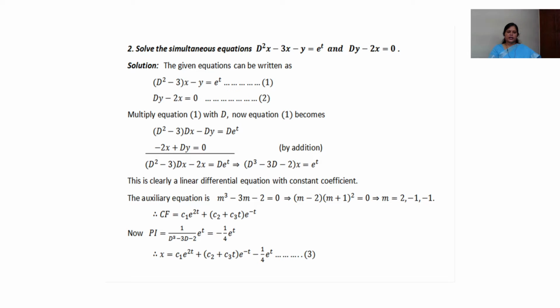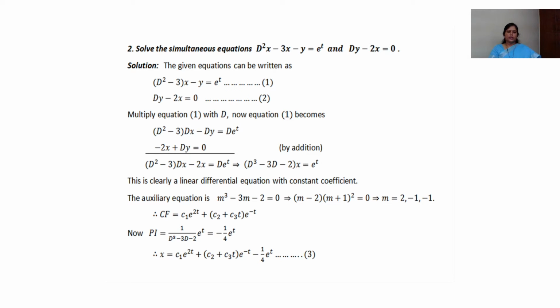As usual, we are combining the x terms together, so we are getting (D squared minus 3) into x minus y is equal to e to the power t. Then from the second equation we have Dy minus 2x is equal to 0. Now we have to solve these two equations and try to get the x value or y value first.